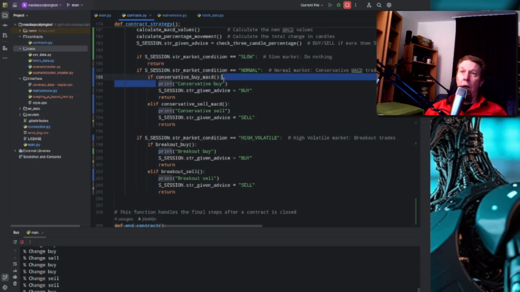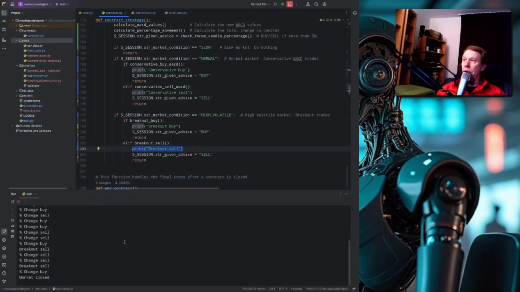And I added a printout in the advisements. I print out for the conservative buy and sell, and the printout for the breakout buy and breakout sell. Because I had the suspicion that there is not enough conservative buy or sell, and everything that happens is only the change buy or sell.